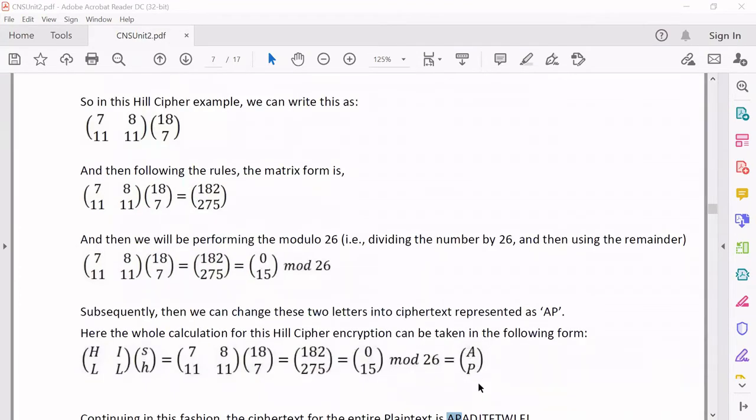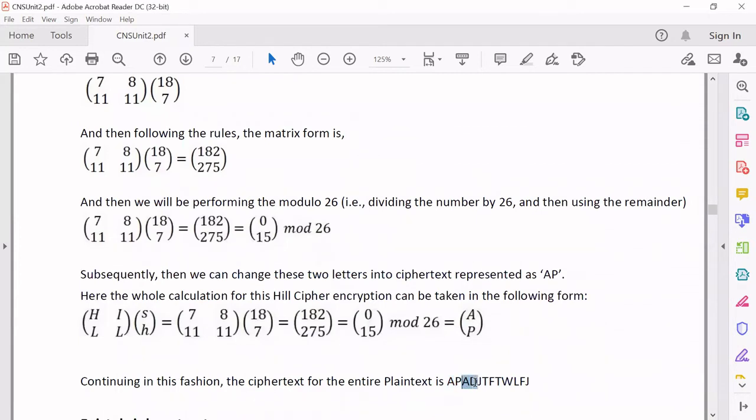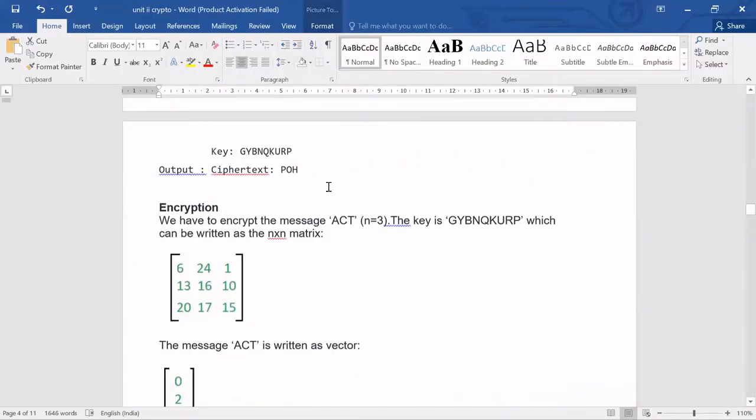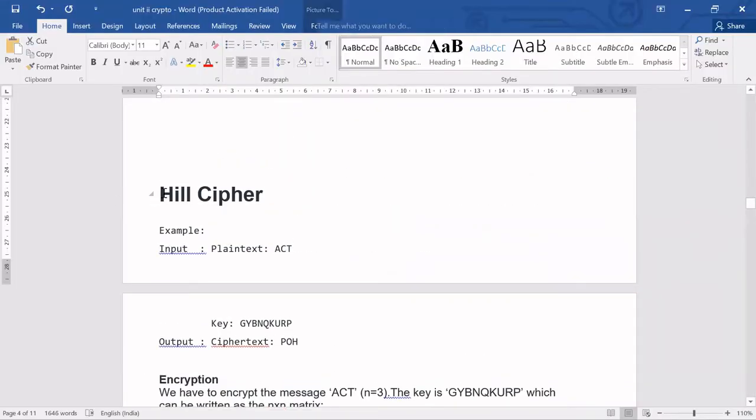Then you write the corresponding letters, which will be A and D. Same way for the next pairs, it is JT, next is FT, next is WL and FJ. So finally we'll get the corresponding cipher text: APAD JTFT WLFJ.